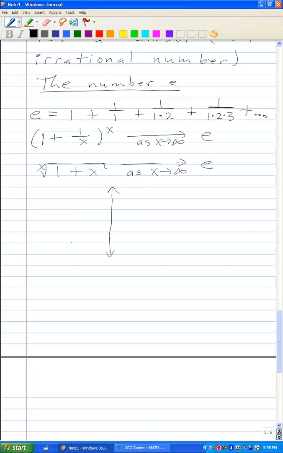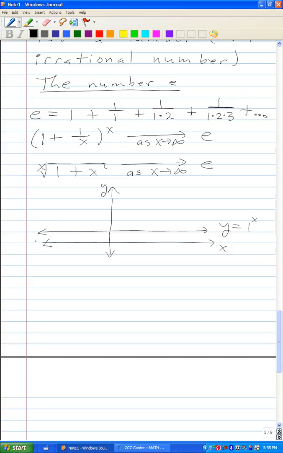if I look at the graph of y equaling 1 to the x, well, it's always equal to 1.